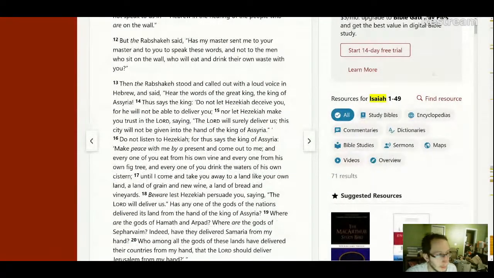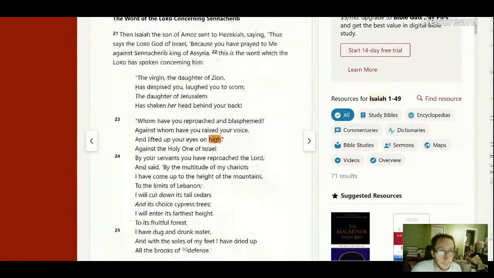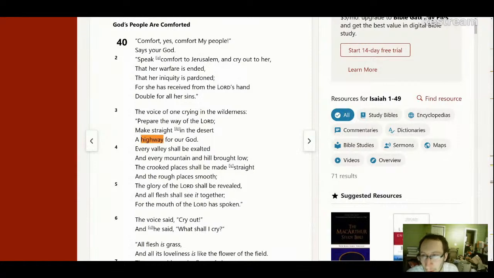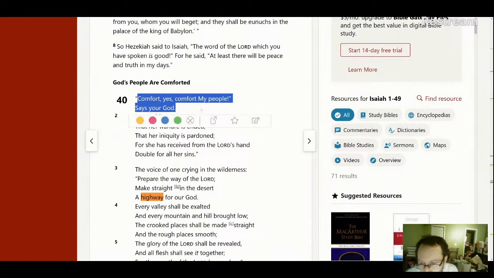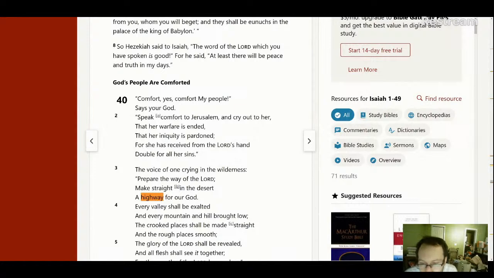So let's go into the text again and remember what we said. So if we look, chapter 40, comfort, yes, comfort my people, says your God. Speak comfort to Jerusalem and cry out to her that her warfare is ended.